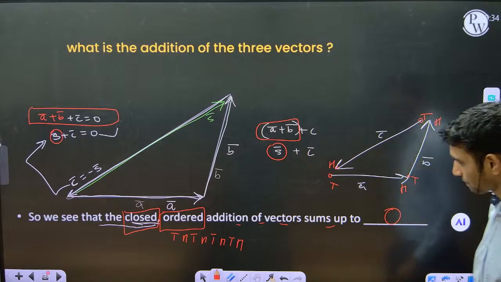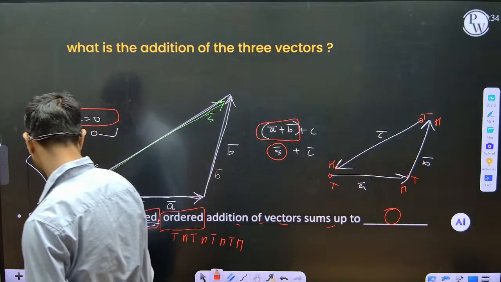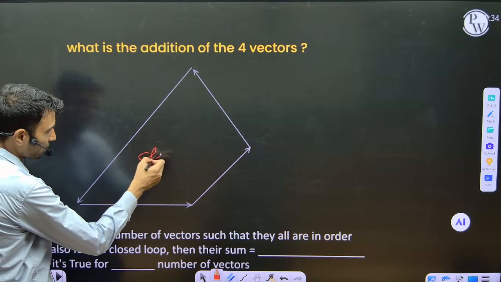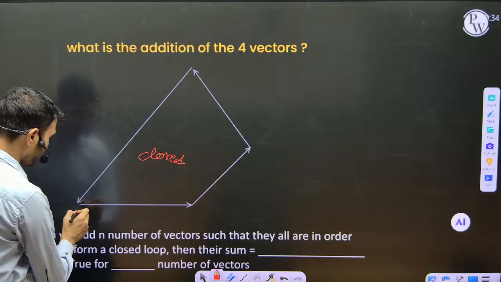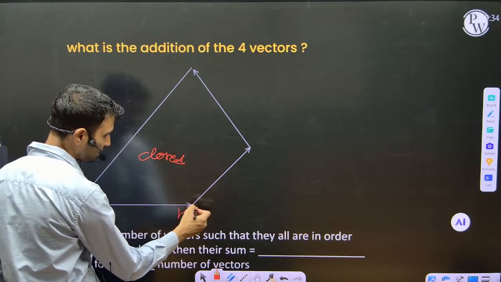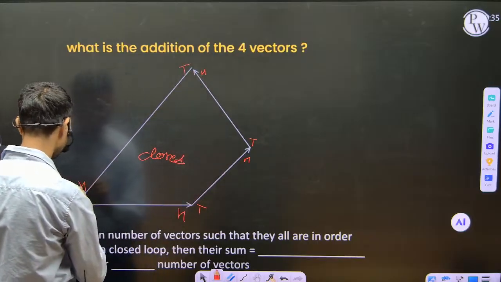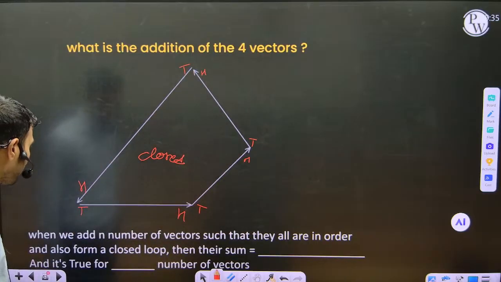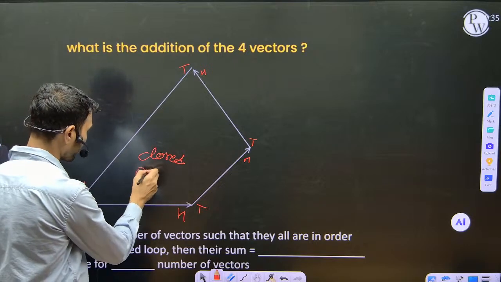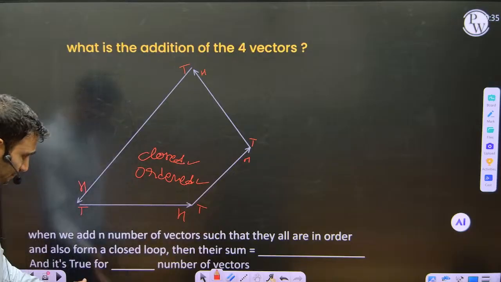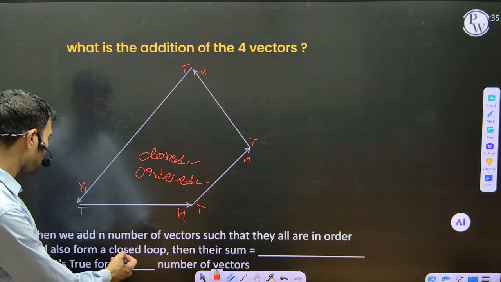Fine, let's go ahead now. What is the addition of 4 vectors? Now you will notice that they are also closed and they are also ordered. Tail, head, tail, head, tail, head, tail, head. Alternate, right? So they are ordered and they are closed. So what will be the sum? 0.